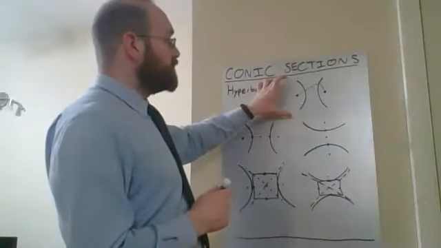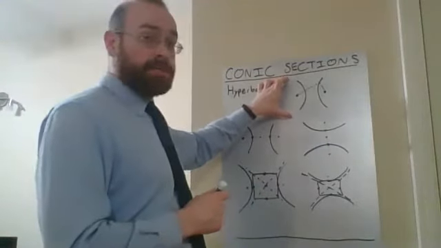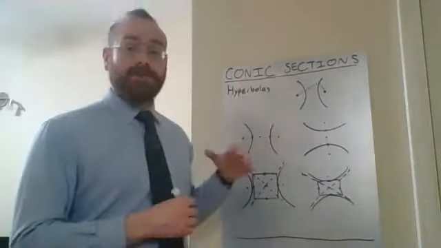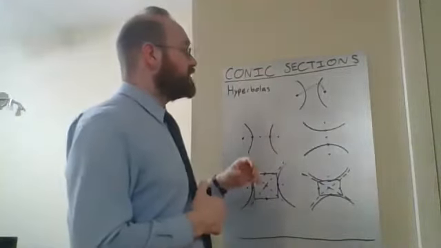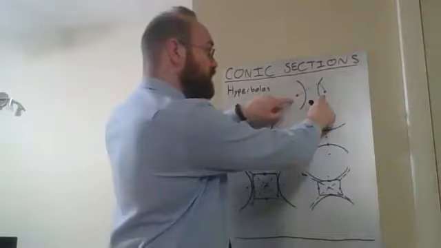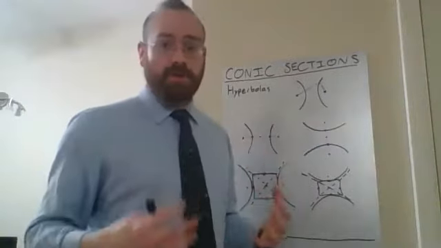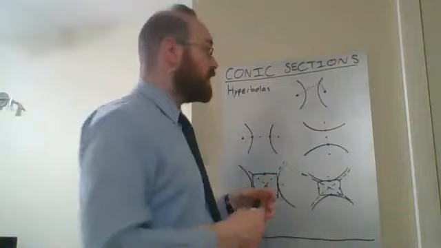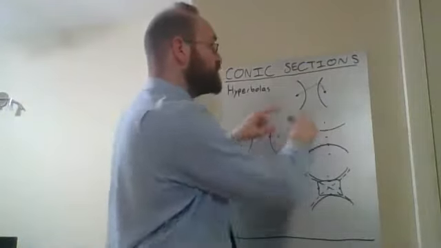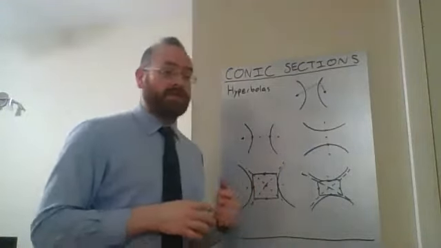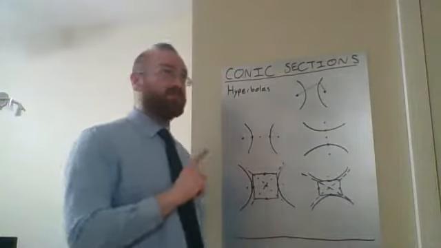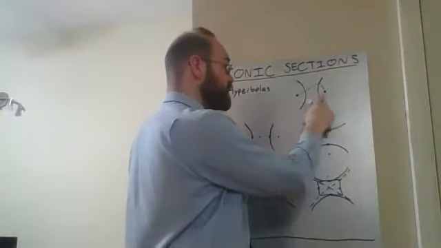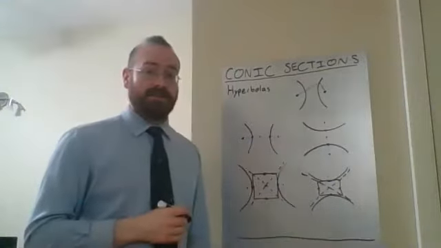The definition of a hyperbola will sound very similar to the definition of an ellipse. This time we have two fixed points. Each of them is called a focus. Together they are the foci, and we have our two branches of the hyperbola. So the hyperbola is the set of all points, the difference of whose distances to two fixed points is constant.